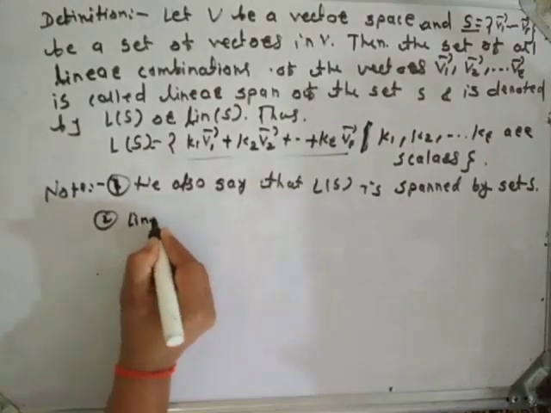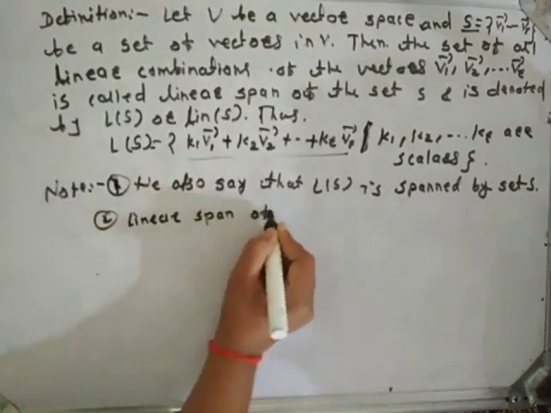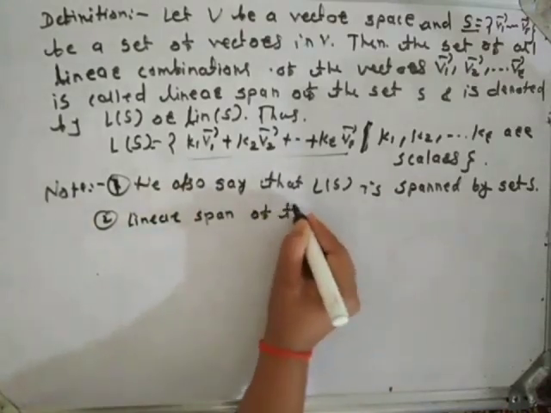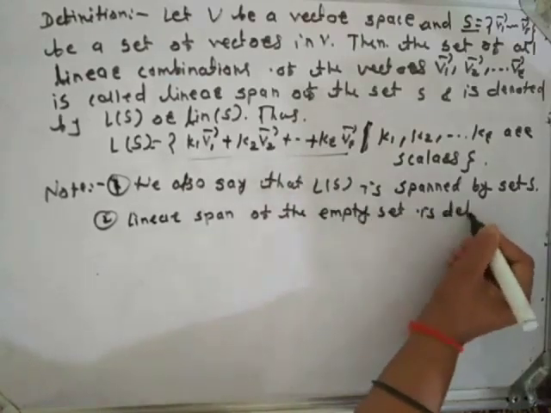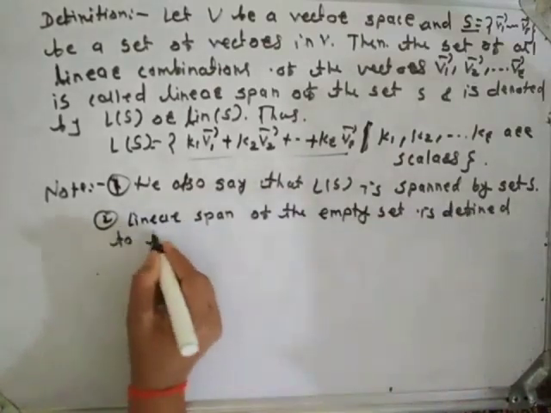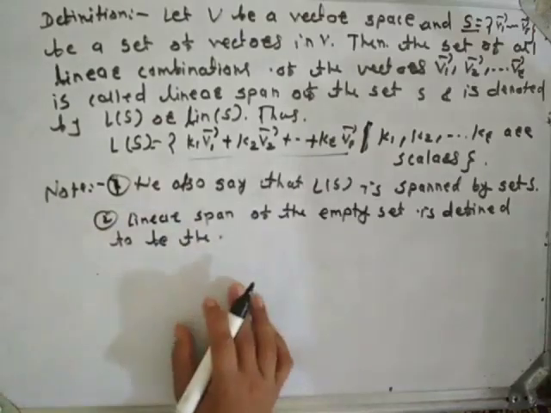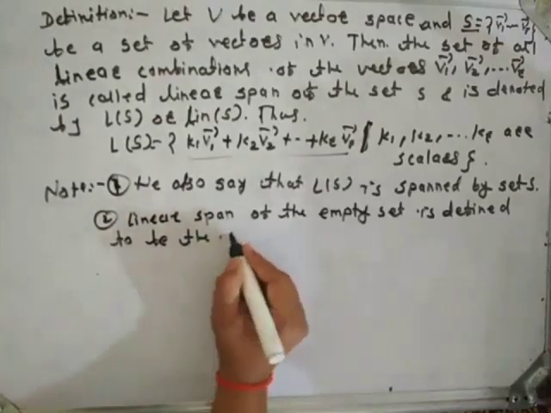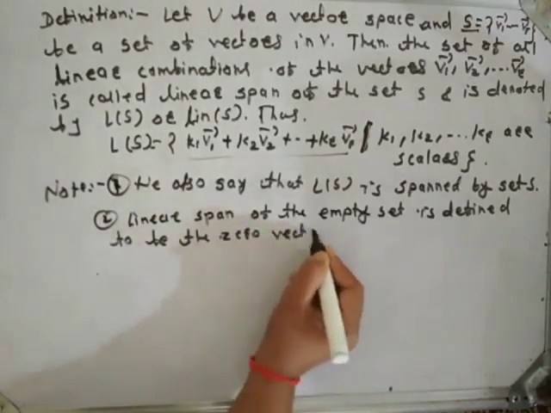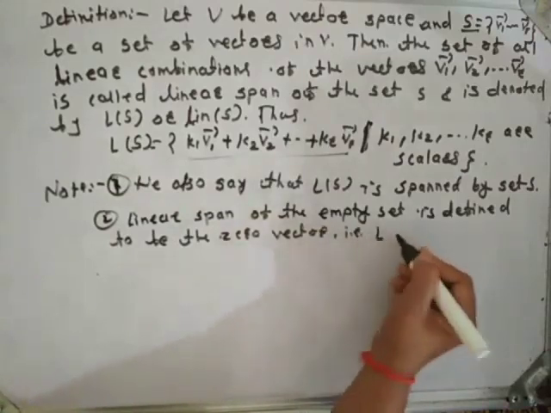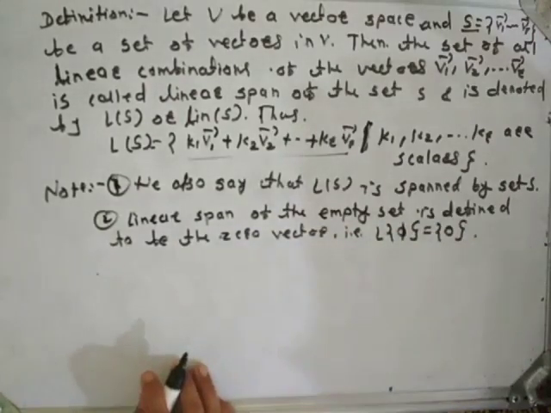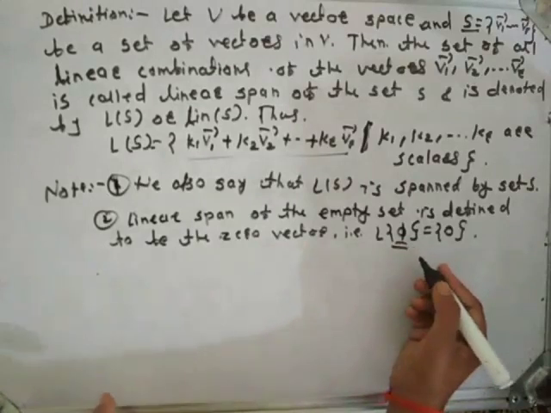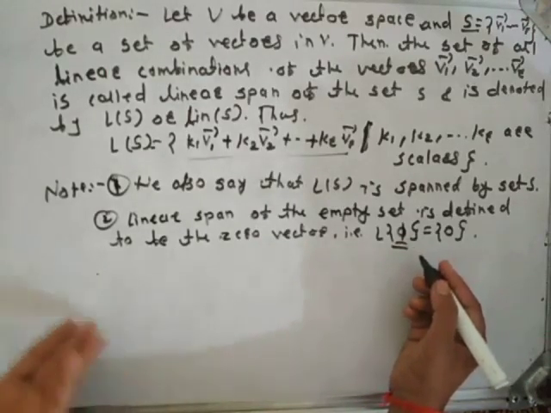Second note, from the above definition, is that the linear span of the empty set is defined to be the zero vector, that is linear span of phi is equal to singleton 0, because phi does not contain any element, so there is no need to find k1, k2.